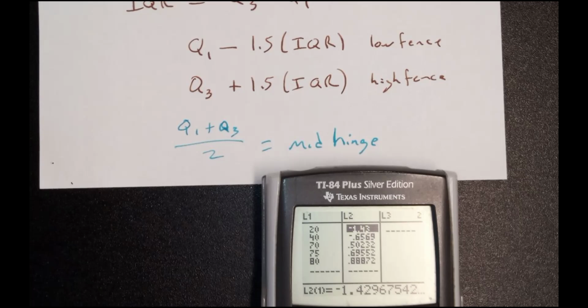Halfway between 40 and 75. Which is way lower than 70, isn't it, right? So my median and my mid-hinge could be very different.